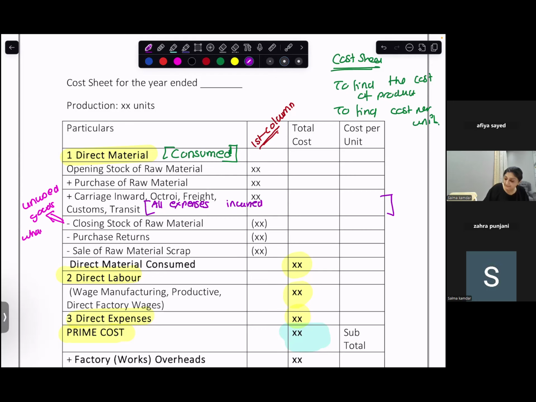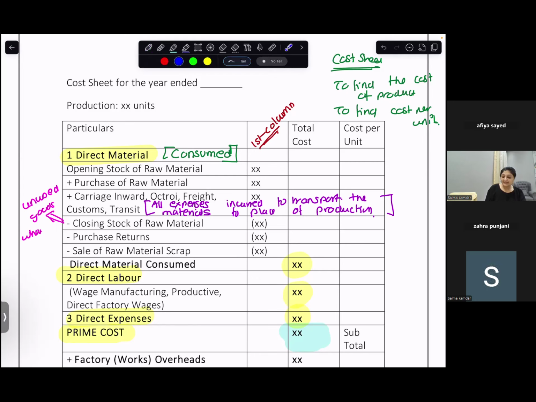Add all the expenses incurred to transport the materials to the place of production. All of that would be added to the cost of purchases.